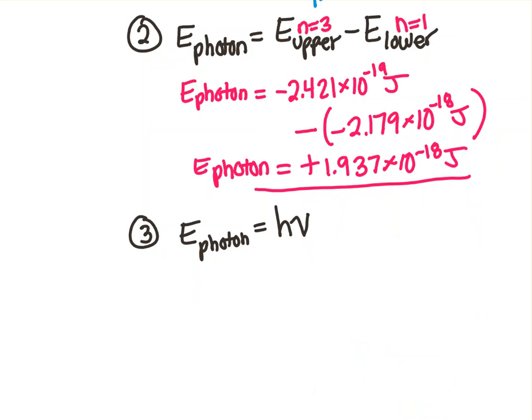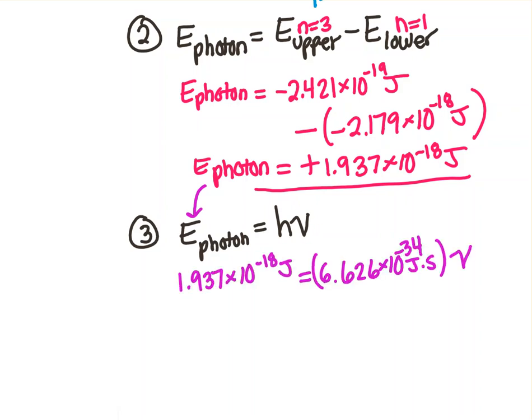Okay. This is the equation that relates the energy of a photon to its frequency. We're going to use this energy we calculated there. This is Planck's constant. Again, you don't have to memorize that, but it is a 4-digit number. And then we're going to solve for frequency. So let's see how that looks.